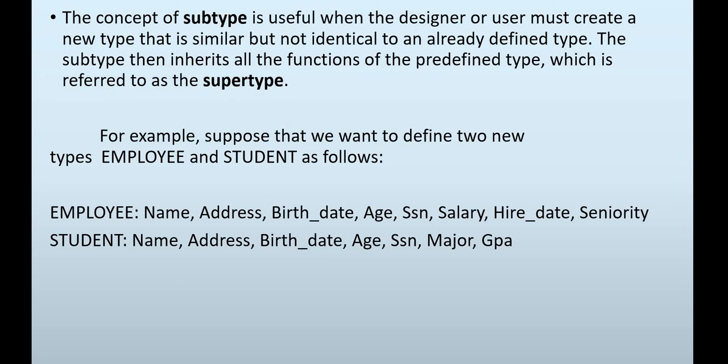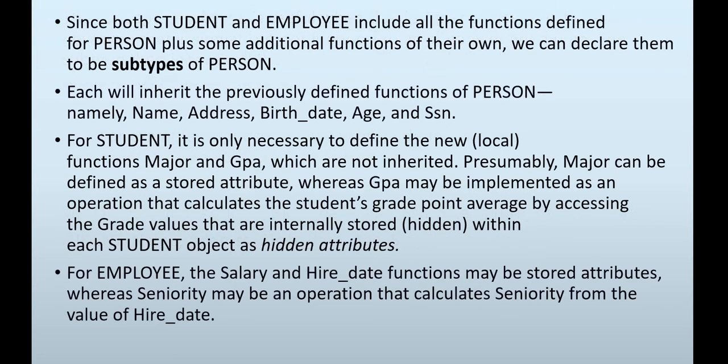Alright, let's move on. Since both student and employee include all the functions defined for person plus some additional functions of their own, we can declare them to be subtypes of person. Each will inherit the previously defined functions of person, namely name, address, birth date, age, and SSN.